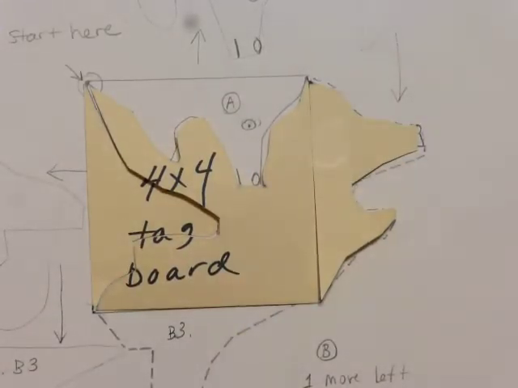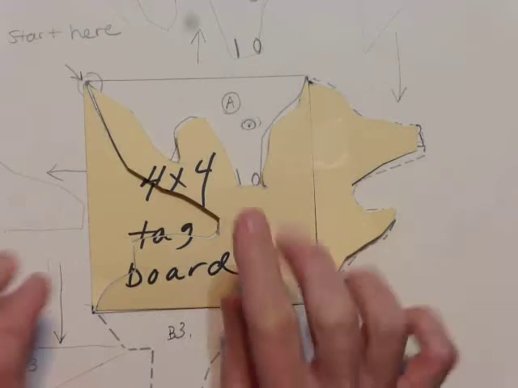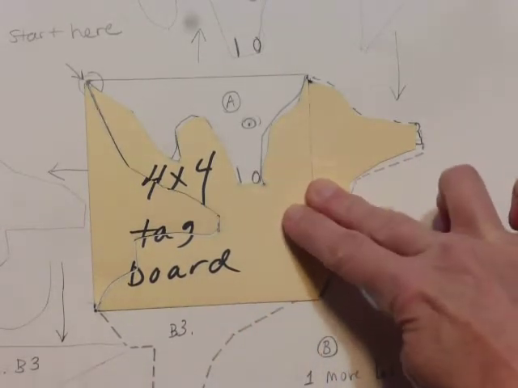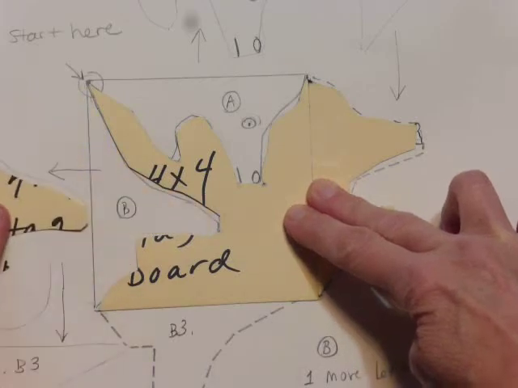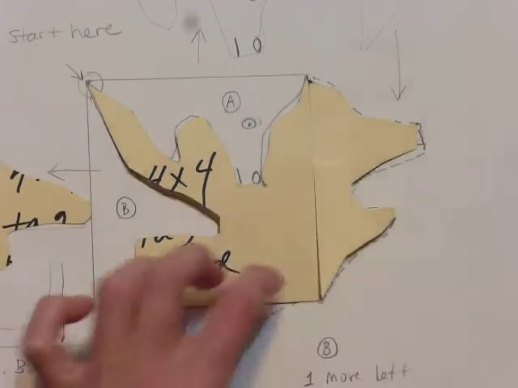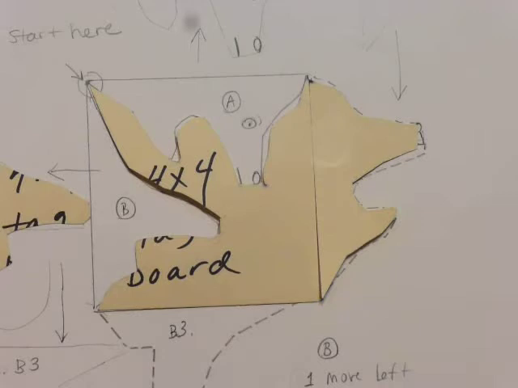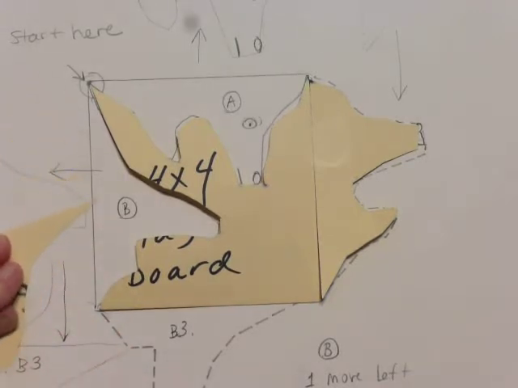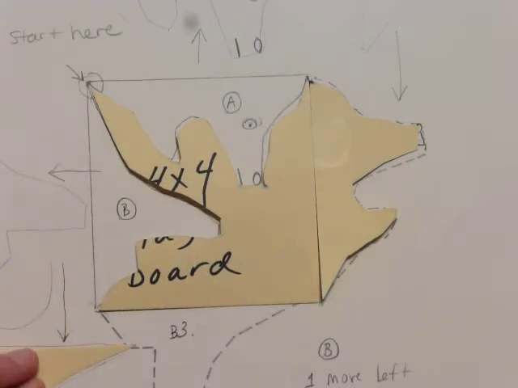Now, let's talk about the next piece. Let's say this is piece B. We're going to move piece B to the left. We're going to rotate it to the right, clockwise. We're going to bring it down.